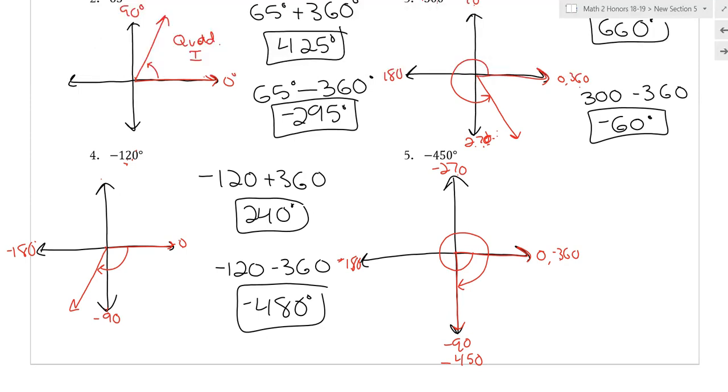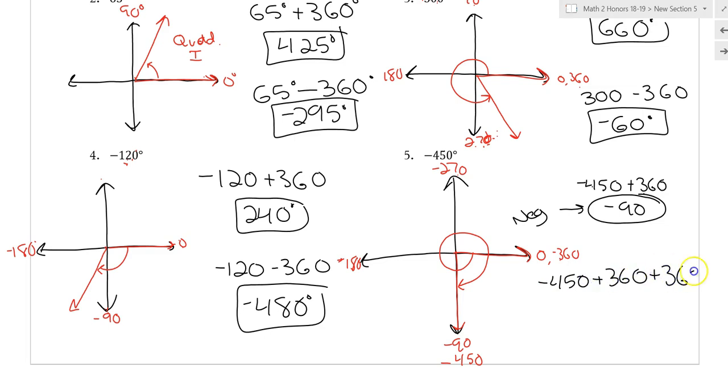And then for this one, when I'm finding my coterminal angles, if I do negative 450 plus 360, I get negative 90. This is a negative angle, right? Usually we have that positive when we add and negative when we subtract. But this was so negative that when I added 360, I still was negative. So for my positive coterminal angle, I'm just going to add another 360.